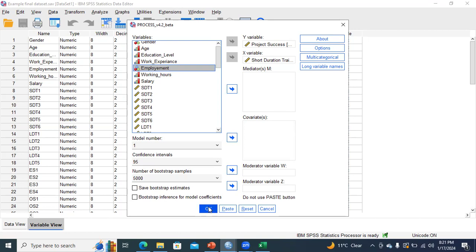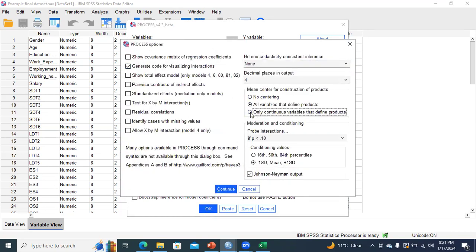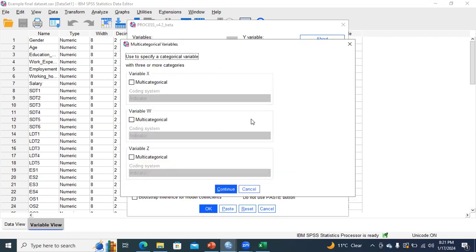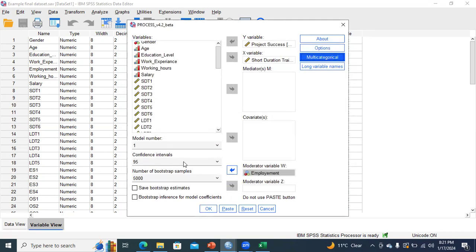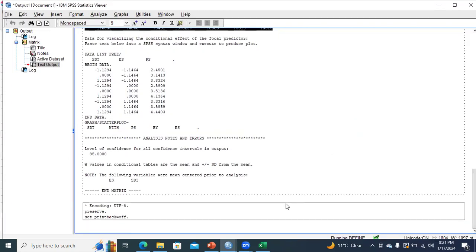For example, if I include this over here, select the options as needed, select multicategorical like this, and click continue. Model number 1, yes, still it is 1, and I click OK.